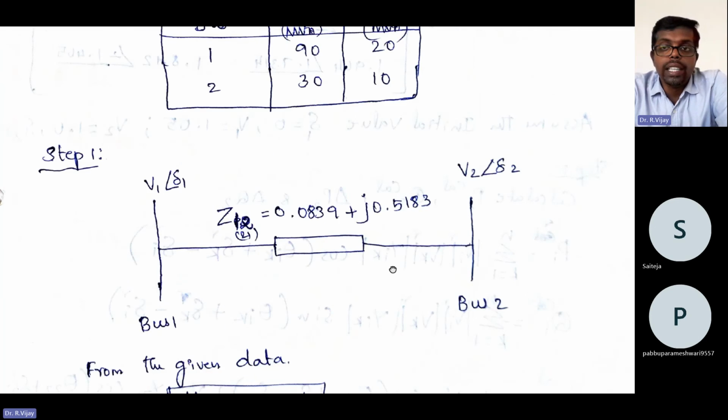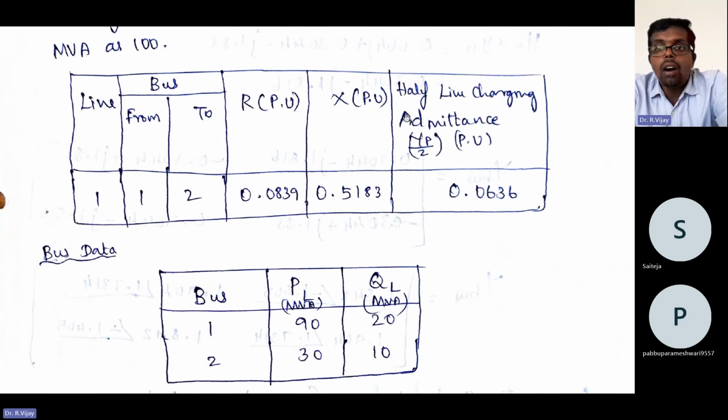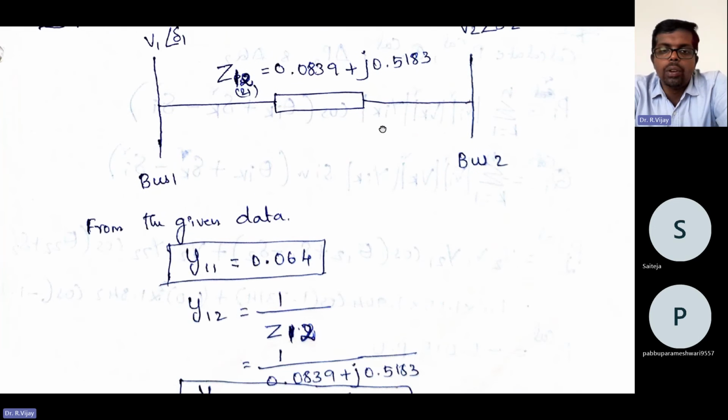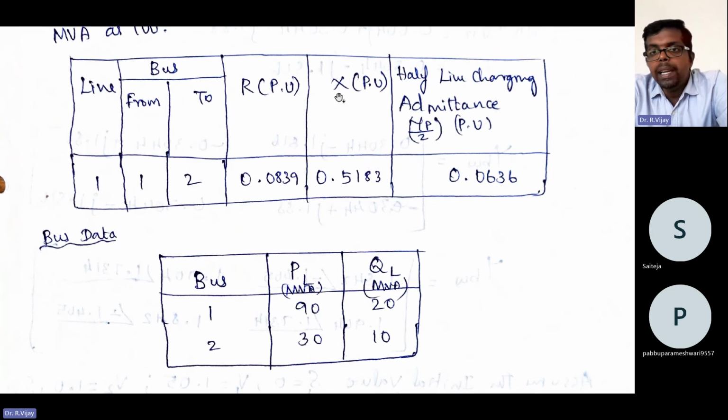Next, here you have to see the line charging admittance. The admittance itself is directly given, so you need not go for 1 divided by. You can directly take that value. If line charging impedance is given, you need to go for 1 divided by. So you need to be very careful while solving the problem, and check from the given data whether it is admittance or impedance.